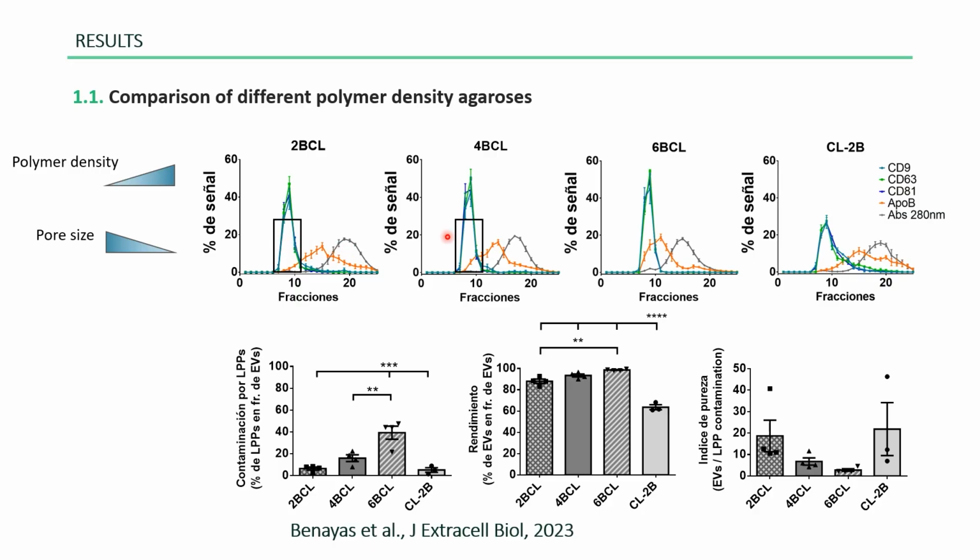While if you go to 4%, you have a little bit more of lipoproteins in the extracellular vesicle fractions, and this is very poor in the 6BCl sample. You see that this orange peak overlaps very much with the blue green peak. So you have the 6BCl, which has a higher contamination by lipoproteins. The yield is a little bit higher, but the purity index is much worse than with the other resins.